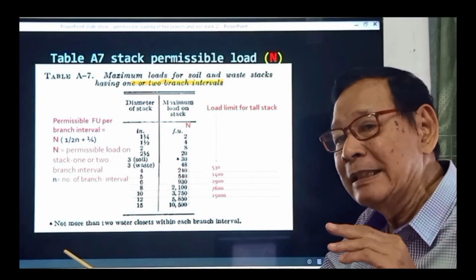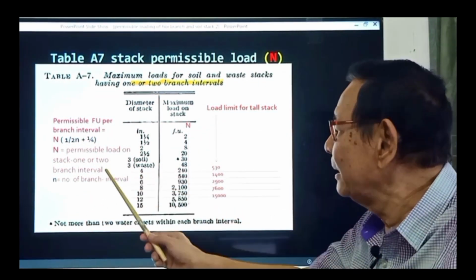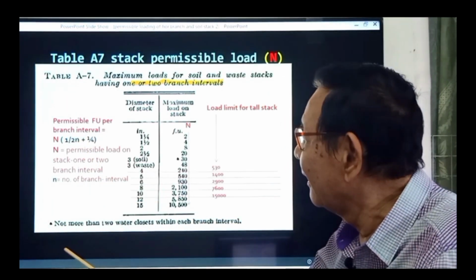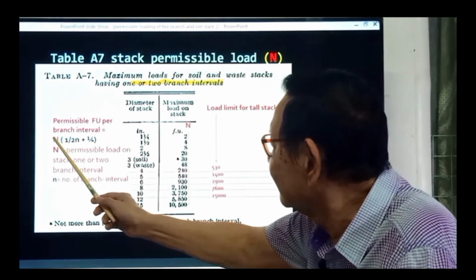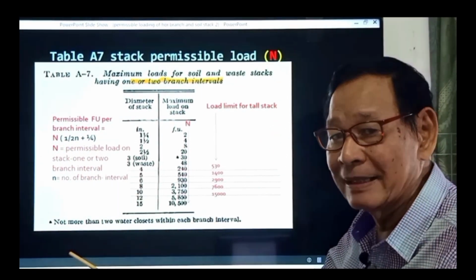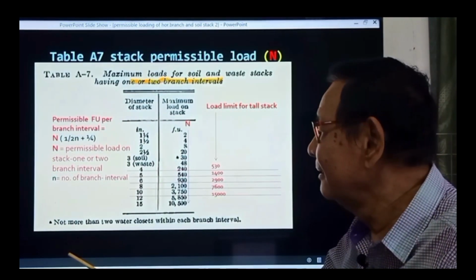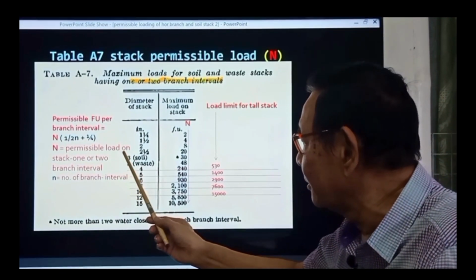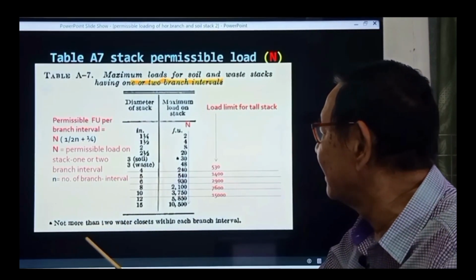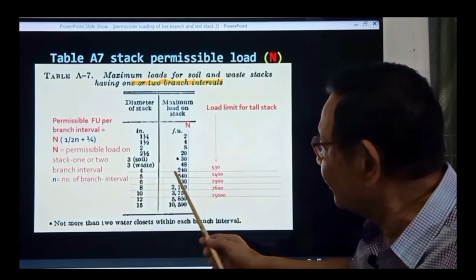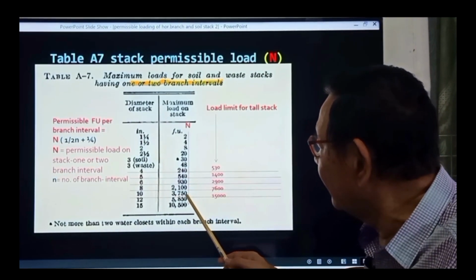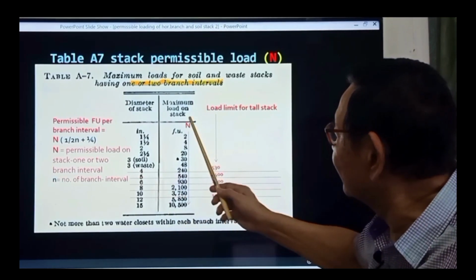So, nililimit yan into how many intervals and how many horizontal, and the maximum of that stack capacity. So N is permissible load on stack 1 or 2 branch interval. N is number of branch interval. So, kanina, the same ito 240, 540, 930, 2,900. Ito kasi magagamit natin ito sa design.